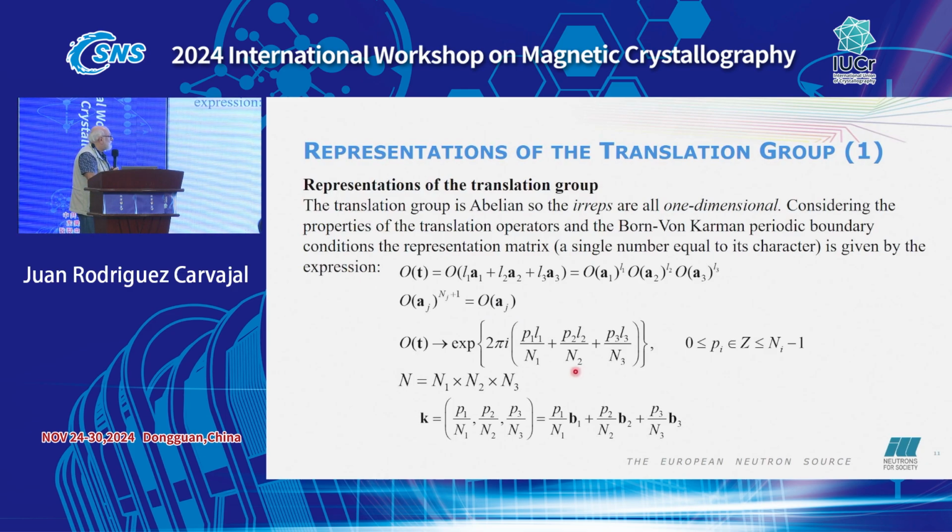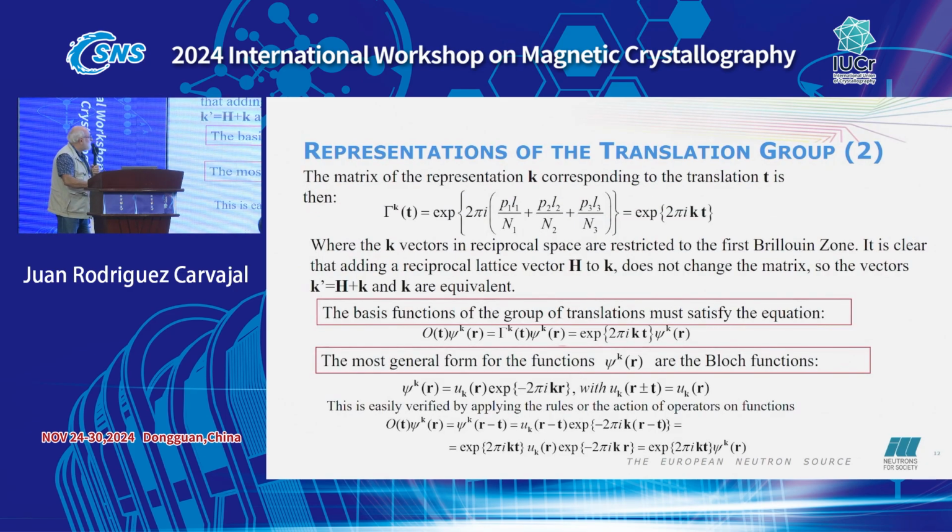Then the representations of the translation groups are these quantities that you see everywhere when you see, for example, Fourier decomposition. The components of the Fourier decomposition are the basis functions of the translation group. You see here, 2 pi i k t. K is the label of the representation. Different Ks correspond to different representations of the translation group.